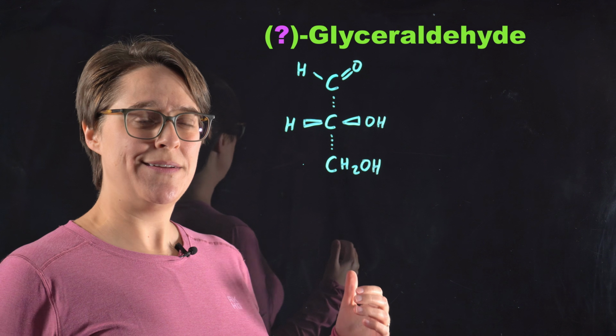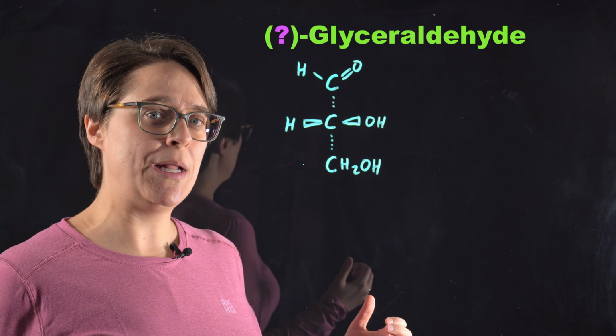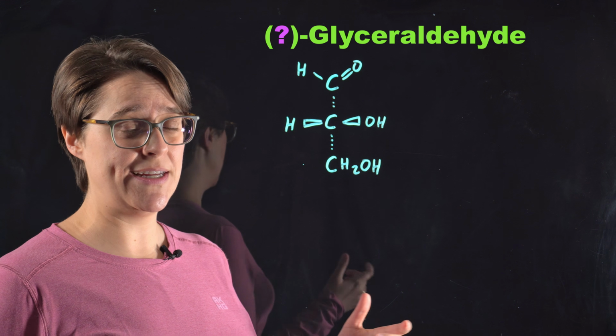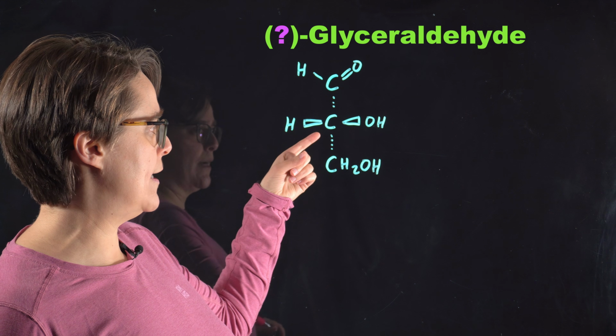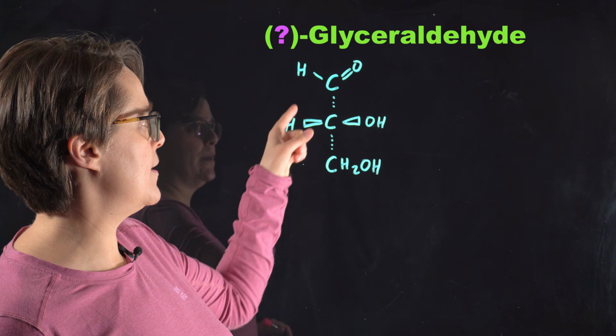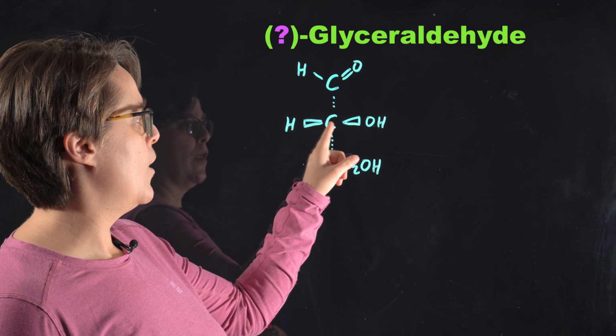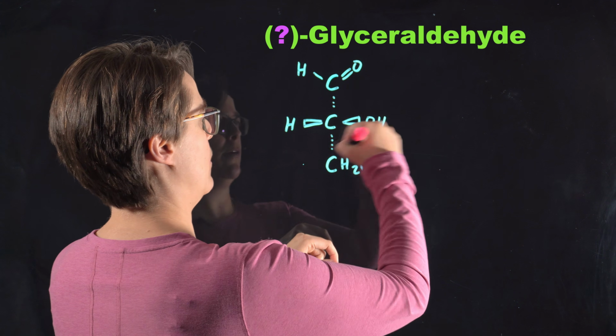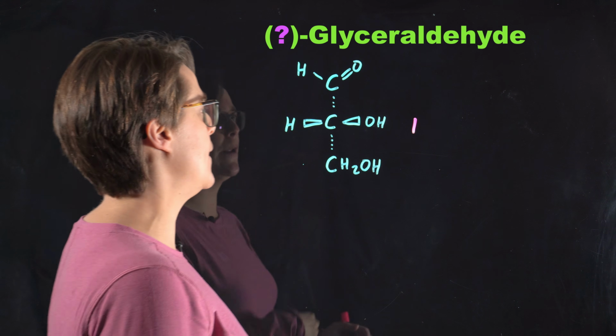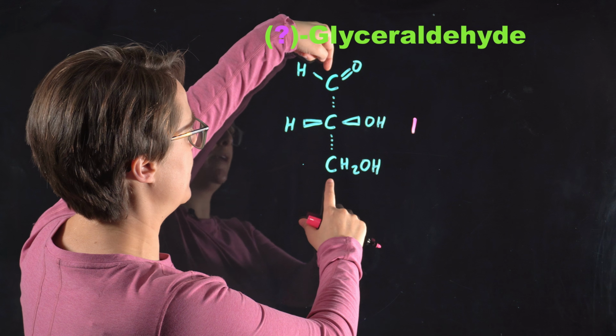This example is meant to kind of mimic a Fischer projection, but I actually specified the dotted lines and the wedges just to make everything really super clear. So this is our chiral center. Let's prioritize the 4 groups. This is directly bonded to an oxygen, and that is our highest atomic number of these 4 choices. That's priority number 1. Now, these 2 are a little bit tricky.